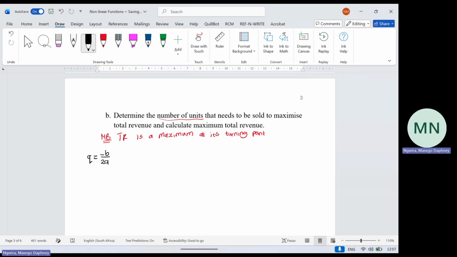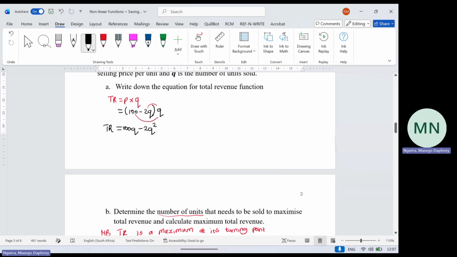All right, so for us to calculate this, we need the function for total revenue.